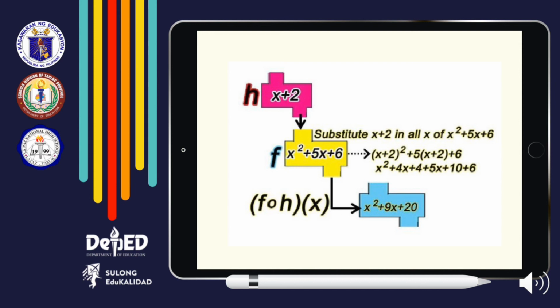Using the same example, as you can see, we have the function f composed of h of x, where h of x, which is x plus 2, is being put into another function f of x, which is x squared plus 5x plus 6. That is why we have substituted x plus 2 in all of the x's of x squared plus 5x plus 6. And with that, we came up with the answer x squared plus 9x plus 20.